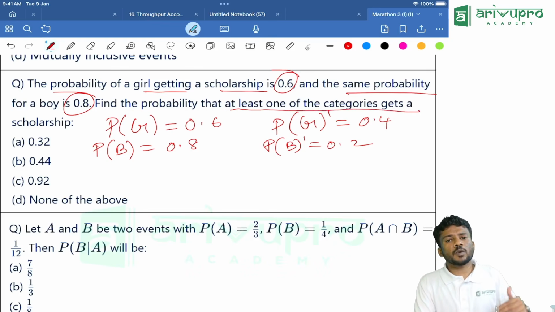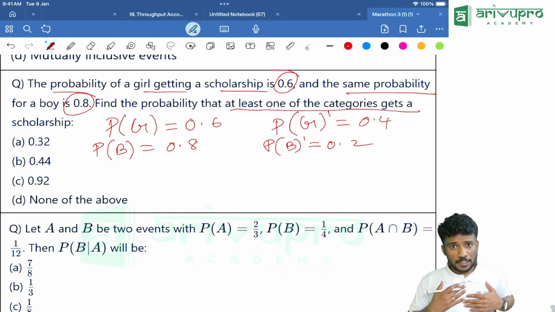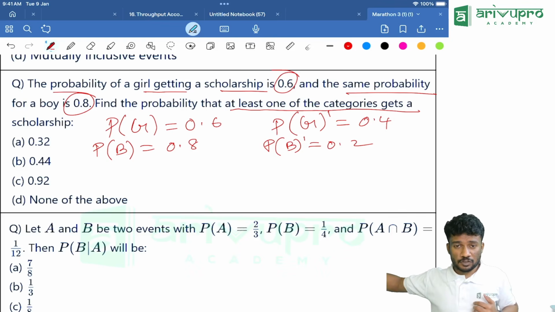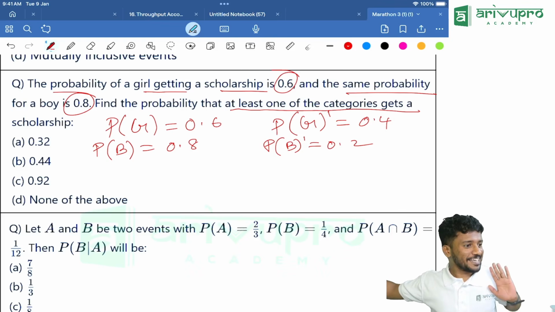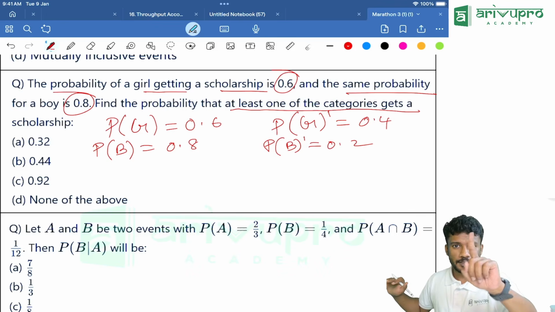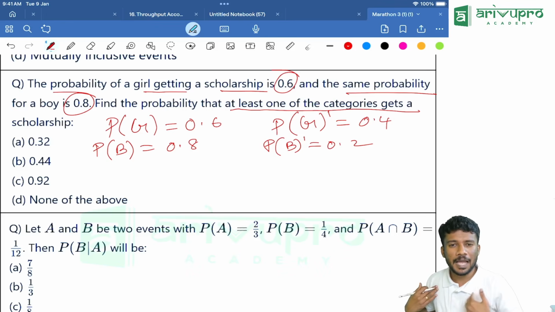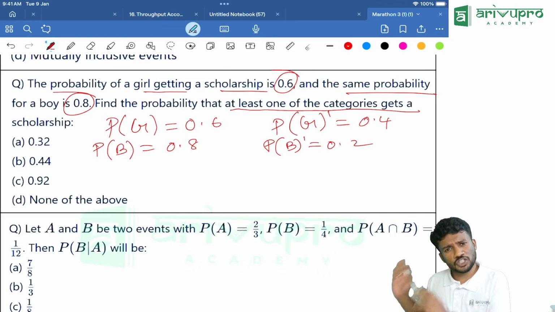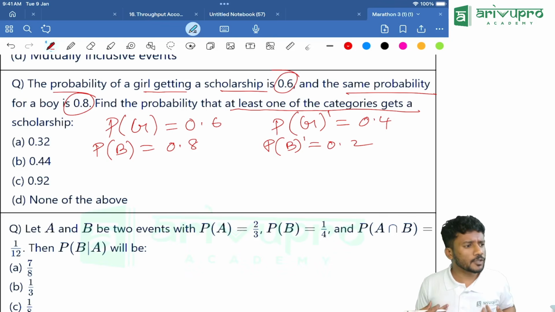The question is, find the probability that at least one of the category gets a scholarship. At least one of the category gets a scholarship means what? If I am there and my fiance is there, then case 1: I got the scholarship, she didn't. Case 2: she got the scholarship, I didn't. At least one of us is getting, right? But she can get a scholarship and I can also get a scholarship.